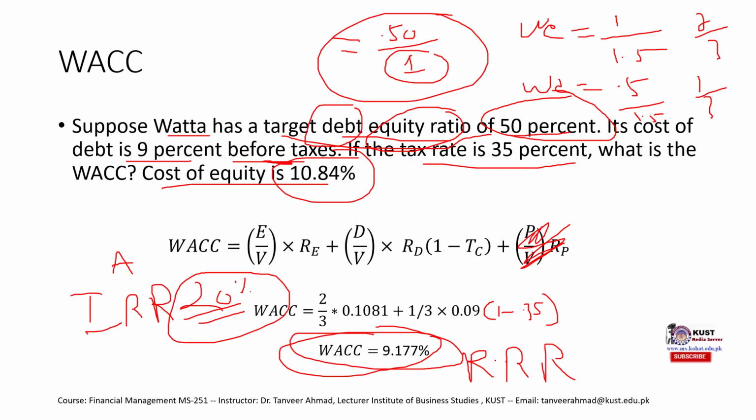And the reason for rejecting the project is that, let's say, IRR is 5%. So a project, let's say project B, would generate a 5% return. But to start that project, we need to acquire funds, and to acquire funds, we are going to use debt and equity, and this is the specification that we are going to use.